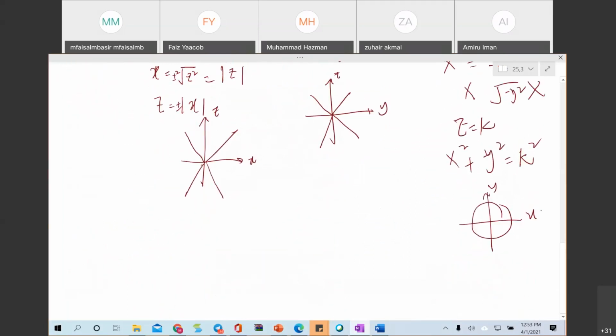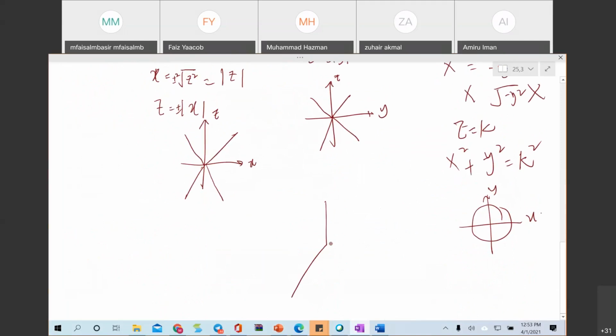If you merge all this, you get x, y, z. So you have zy is like this, zx also. Just beside them is a circle or ellipse, according to the question.